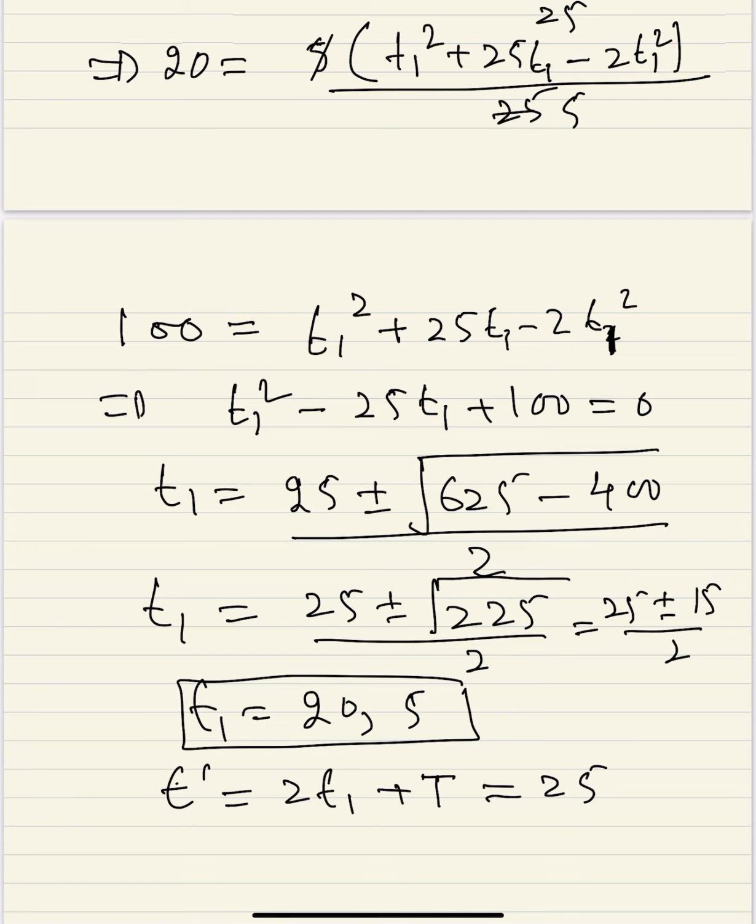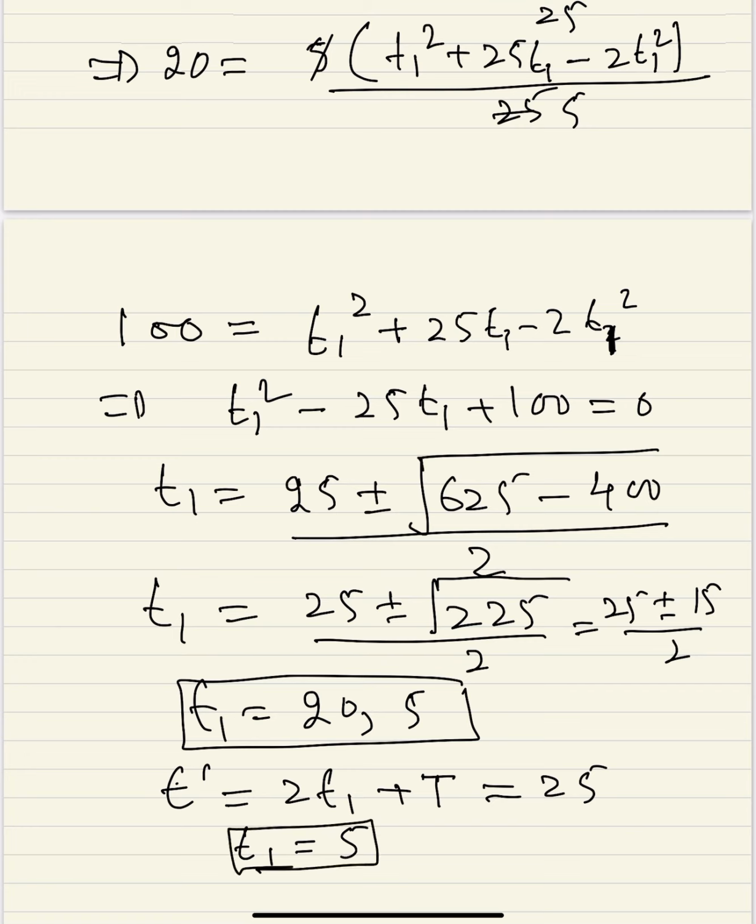That will make T negative, which is not possible. So you can't give 20 as the value of T1 because that makes T negative, which is not possible in the given physical case. So we have to take T1 equal to 5. So this is the value of T1.